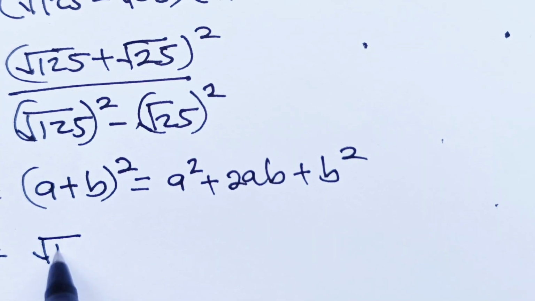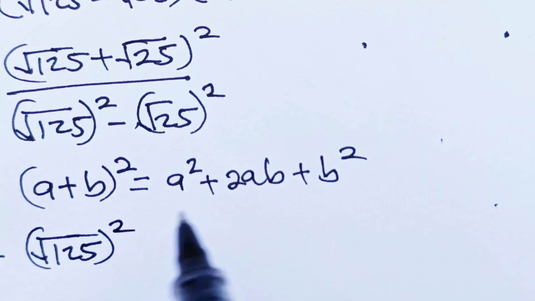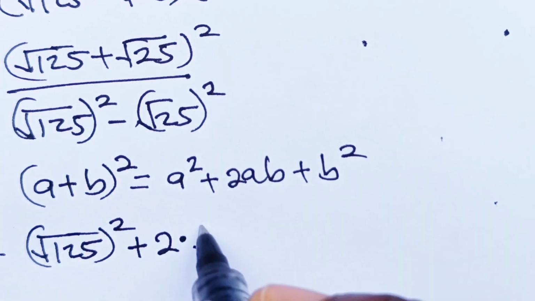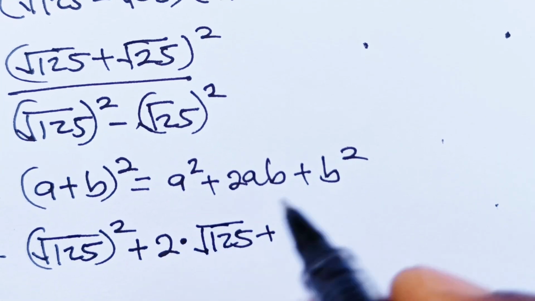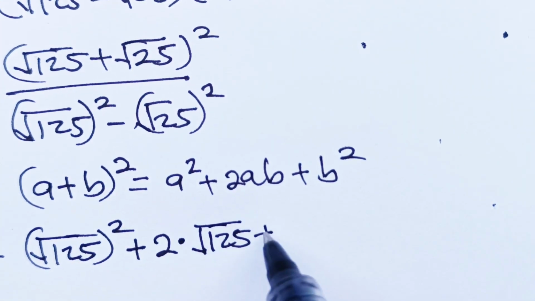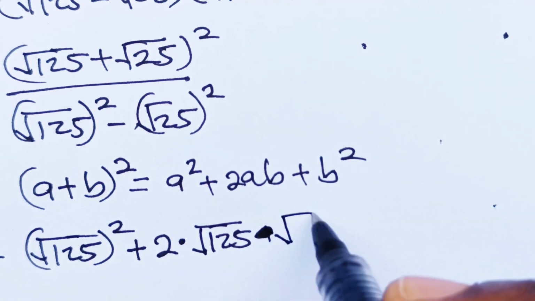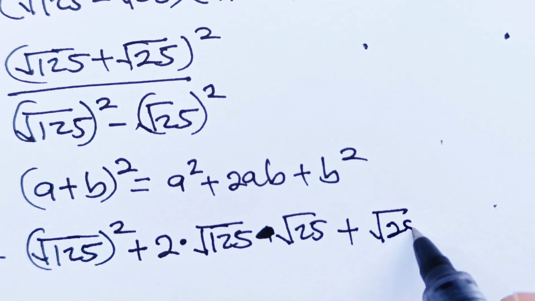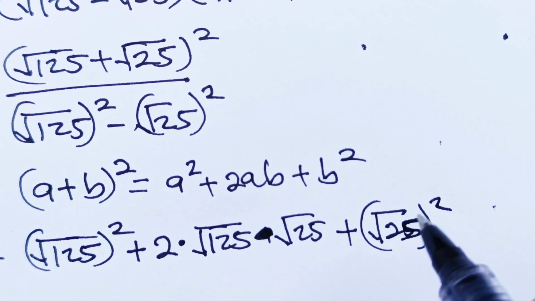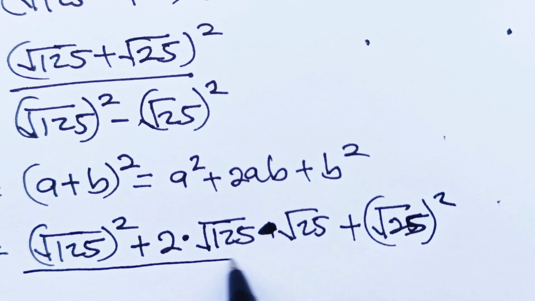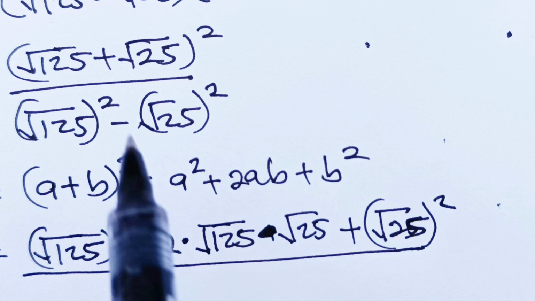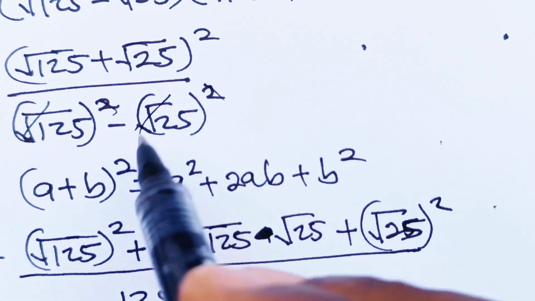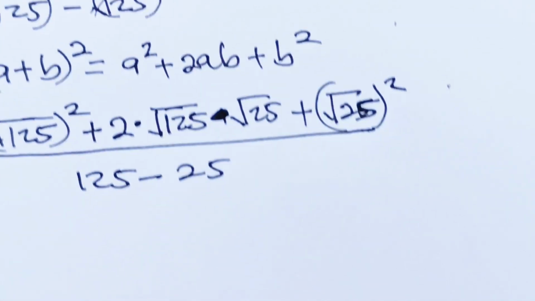Therefore, we have root 125 squared, that is a squared, plus 2 multiplied by a, which is root 125, multiplied by b as well, and our b is root 25, now plus b squared, that is root 25 squared. All right, now this should be divided by, when this is squared, you have 125 remaining, minus, when this is squared, you have only 25 remaining.